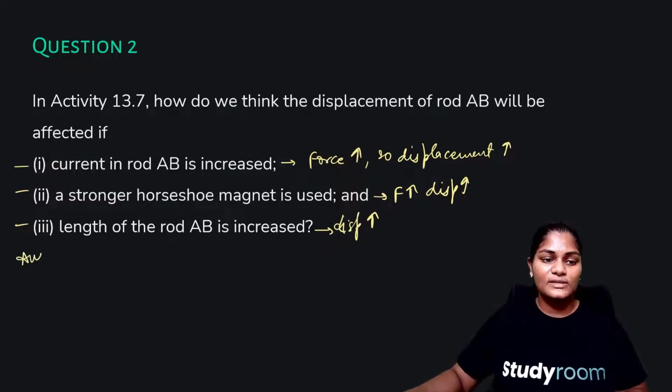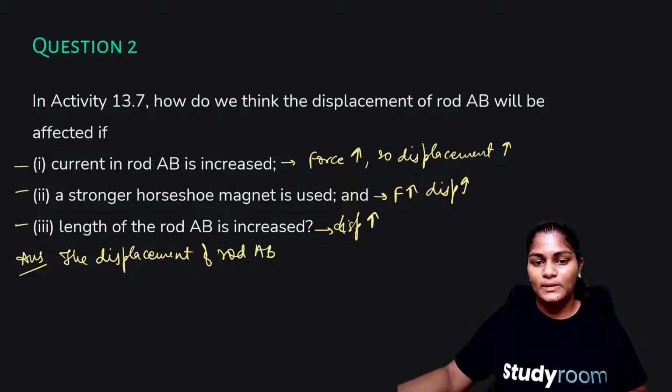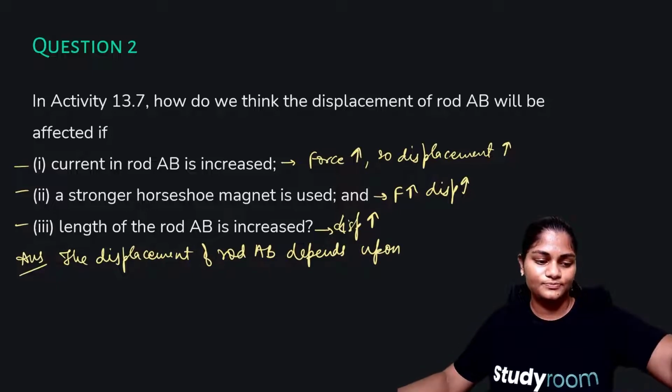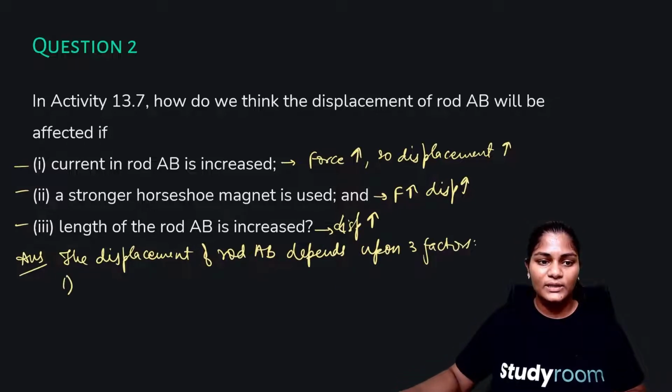So in the answer we write the displacement of rod AB depends upon three factors. 1.